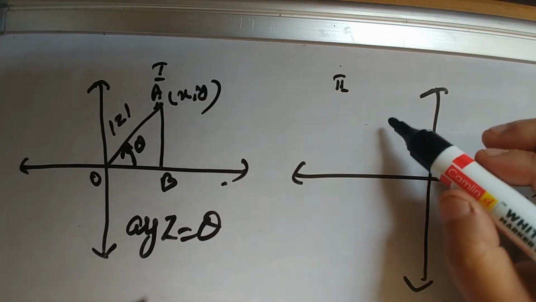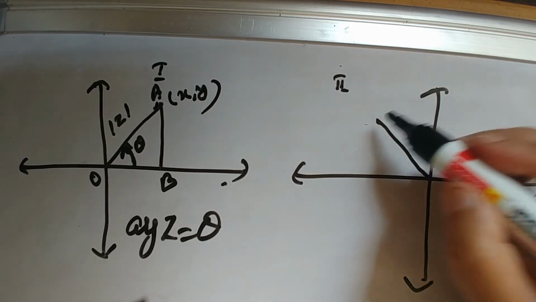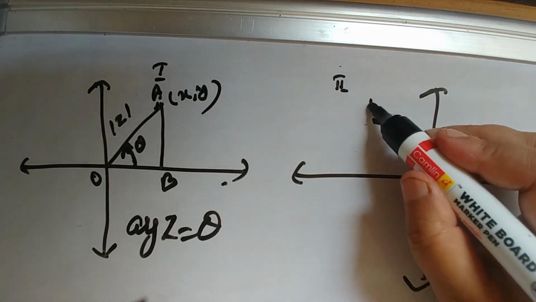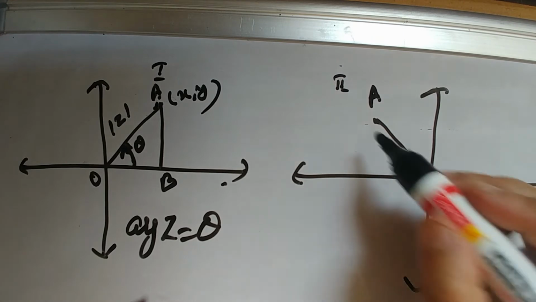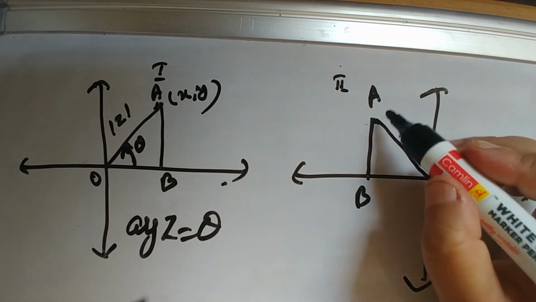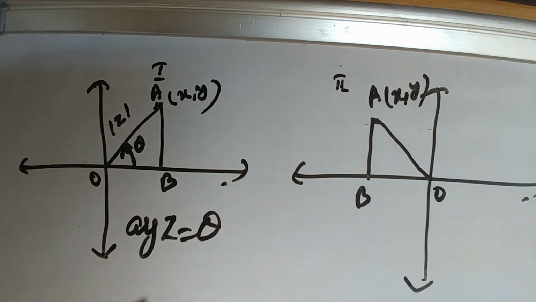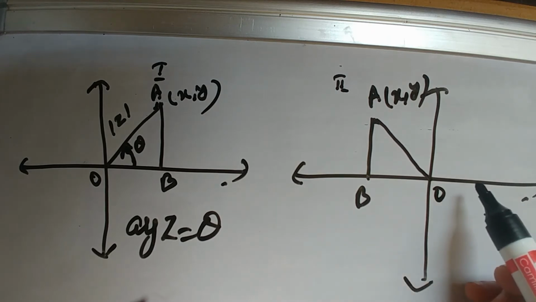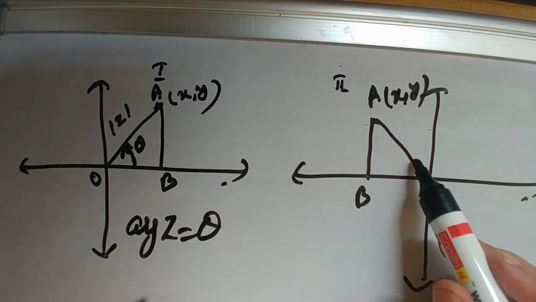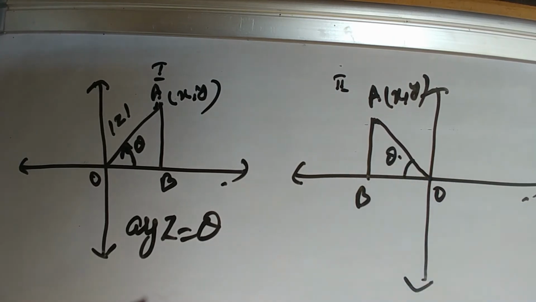Now what happens if the point is in the second quadrant? See, the point is here. Say this is A, this is O, and say this is B. In this case, this is point (x, y). Now you know that the angle here is your theta, the angle which we are taking inside here.